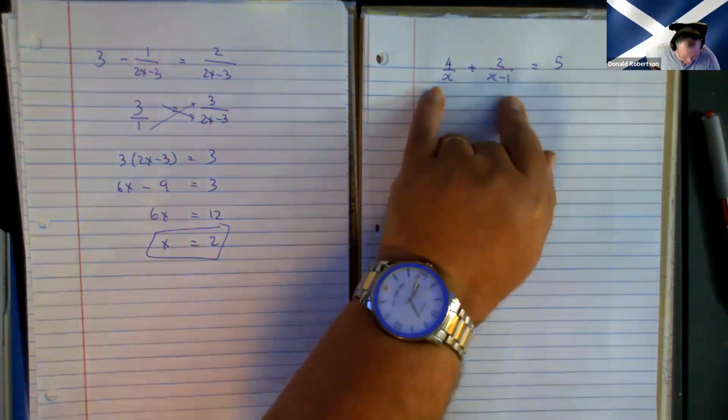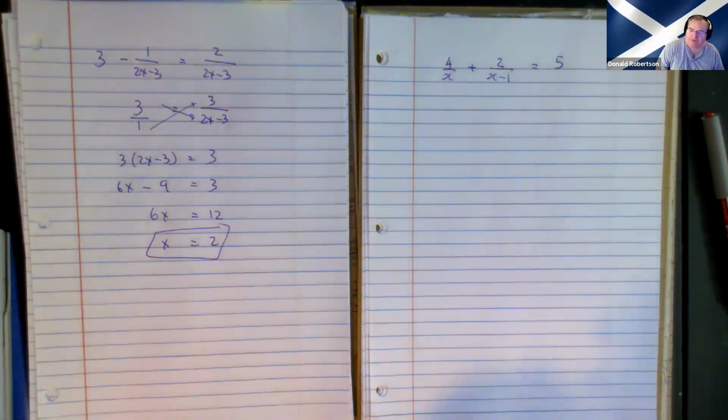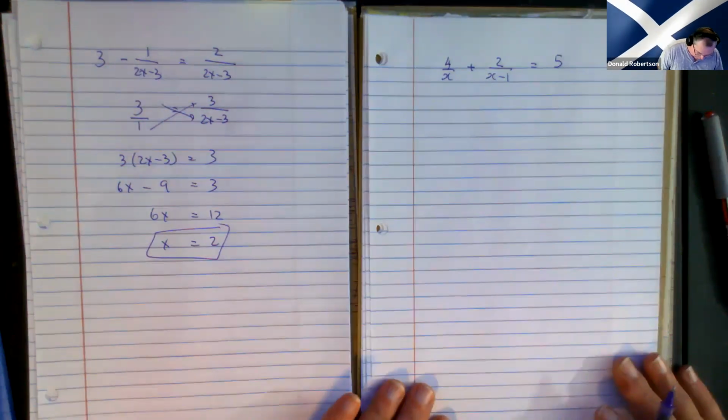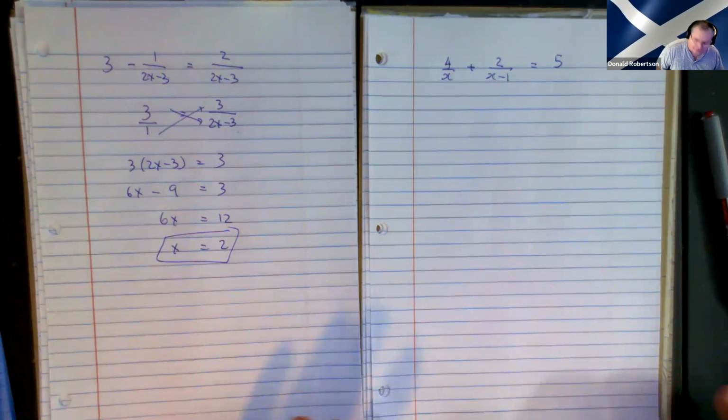Well, adding two fractions together when the denominators are not the same is quite difficult to do. And you'd need to find the lowest common multiple, convert the fractions so that they share a common denominator, and so on. And what I'm going to do instead is a kind of adaptation of that solution method.